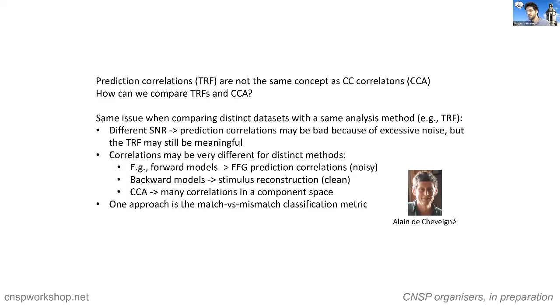Match versus mismatch just means that you fit the CCA with the stimulus and the EEG, and then you take some random portion of the stimulus, you rerun your CCA, and you see whether the correlation between the first component is higher for the good stimulus or for the random stimulus. If it is higher for the real actual stimulus, then you have a correct classification for that particular chunk of data. So it's like the cocktail party in a way.